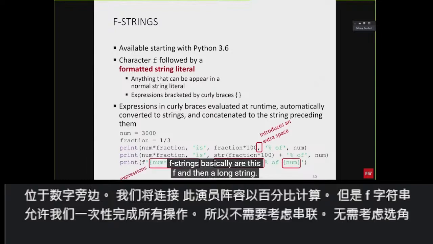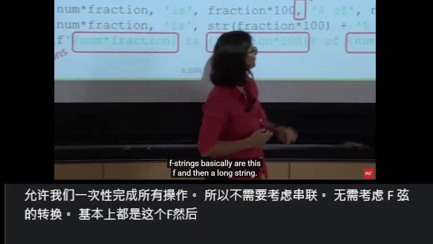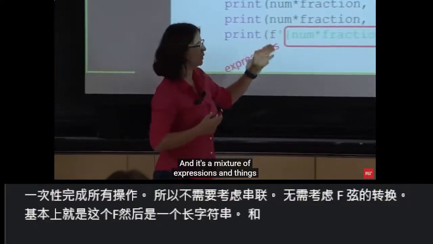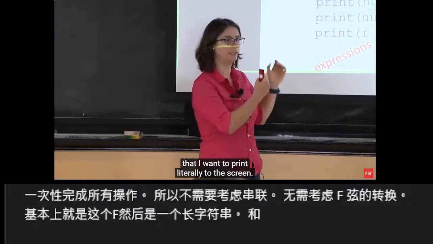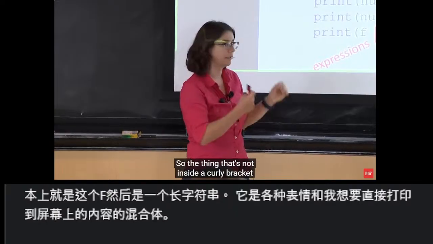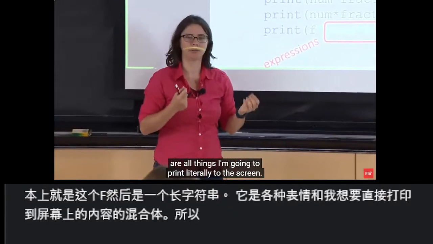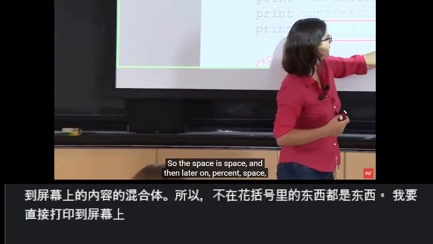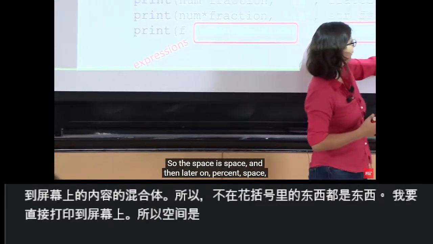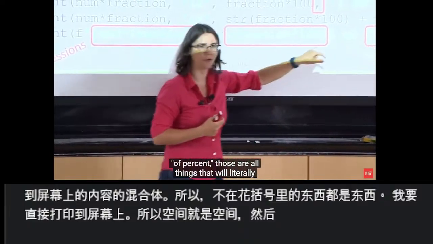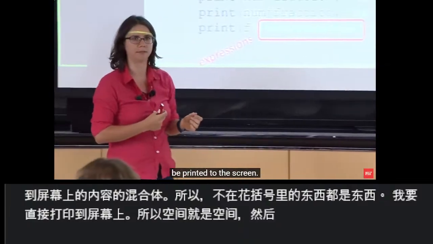F strings basically are this F and then a long string. It's a mixture of expressions and things that I want to print literally to the screen. The things that are not inside a curly bracket are all things I'm going to print literally to the screen, so the space is a space, and then later on percent, space, of, percent. Those are all things that will literally be printed to the screen.